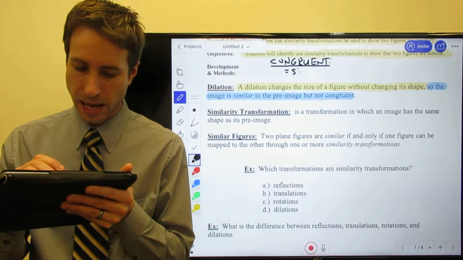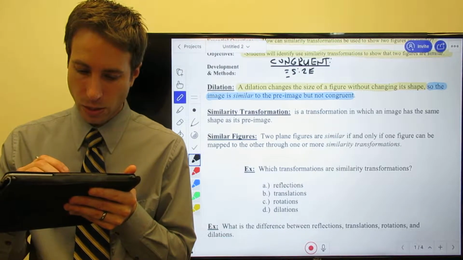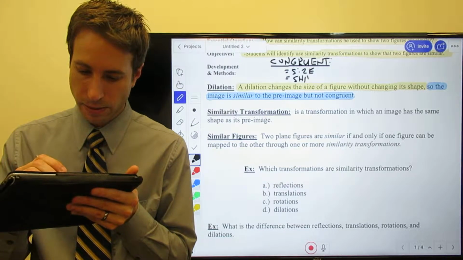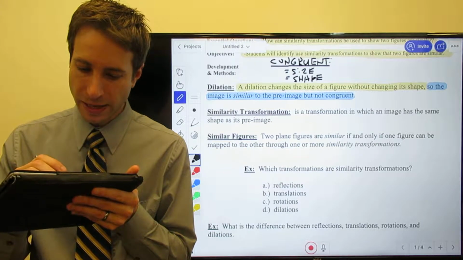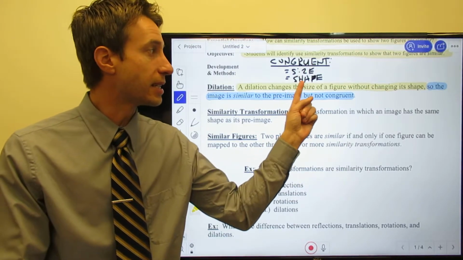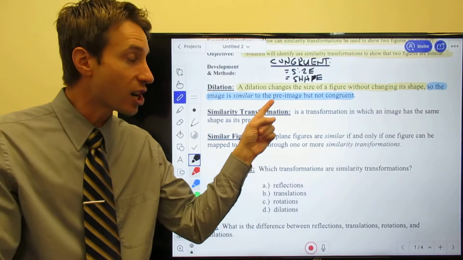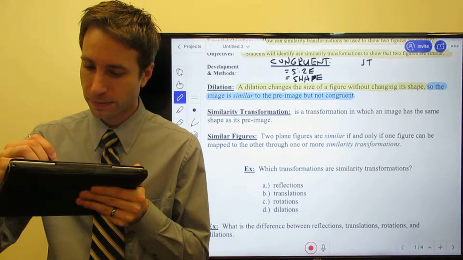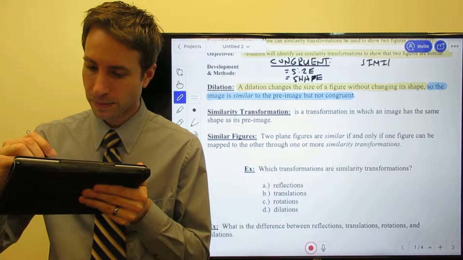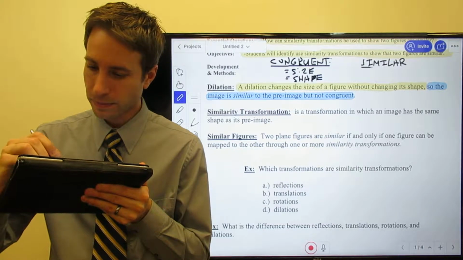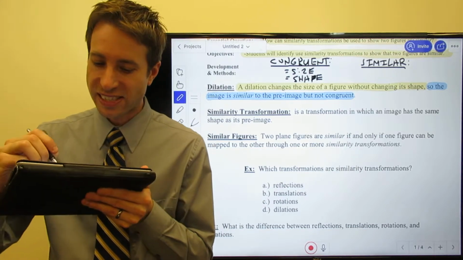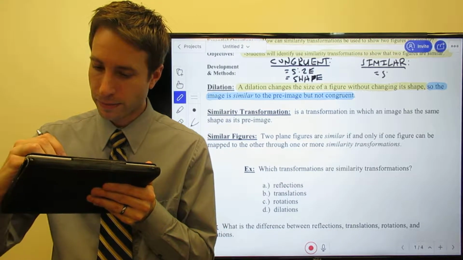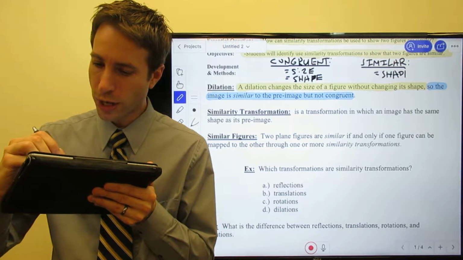Equal size, equal shape. You have two figures that are both the same size and shape. What we have now just seen is that similar figures are going to be the same shape, which we already talked about.